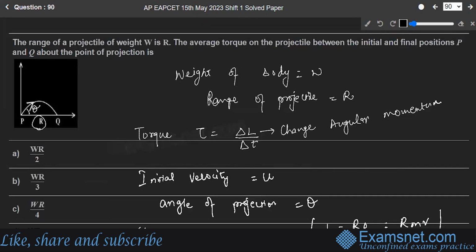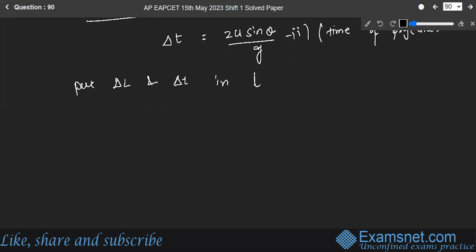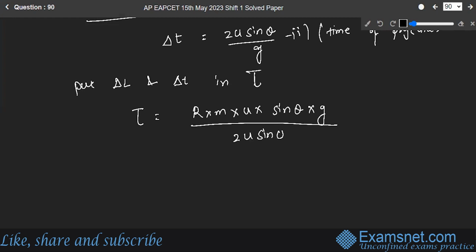So torque is equal to R into M into U into sine theta into G divided by delta T, which is 2U sine theta. So these two things will cancel, and you will have the torque as R into M into G upon 2. That's your torque.